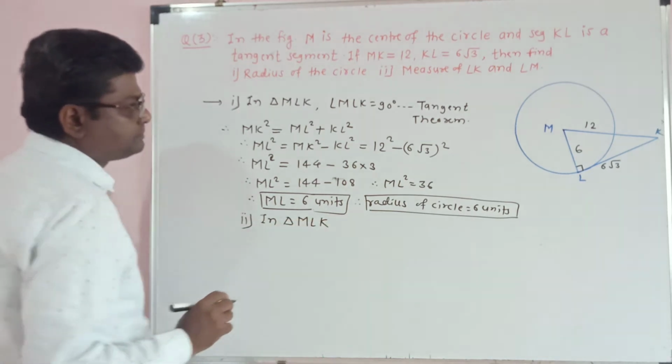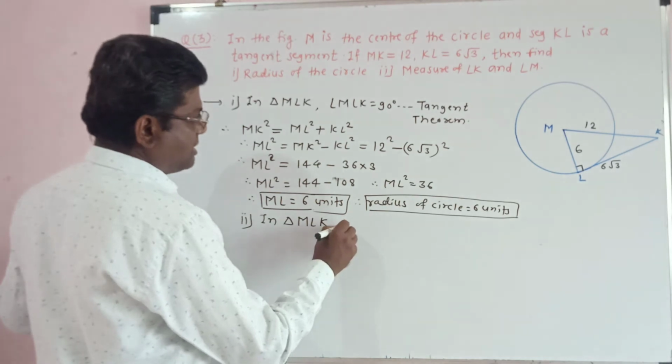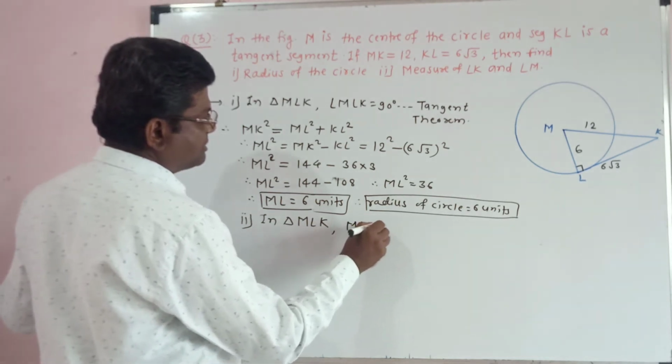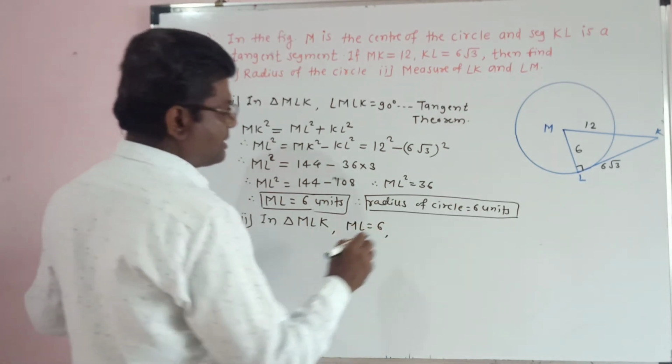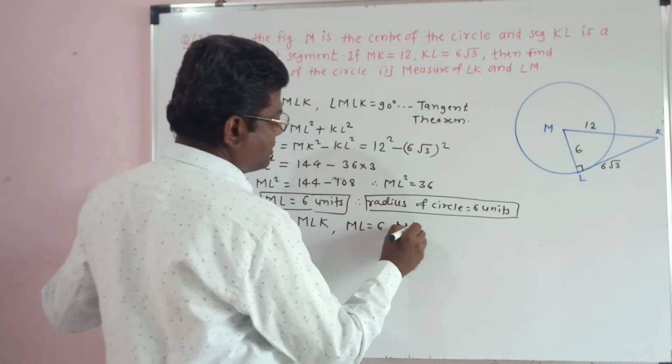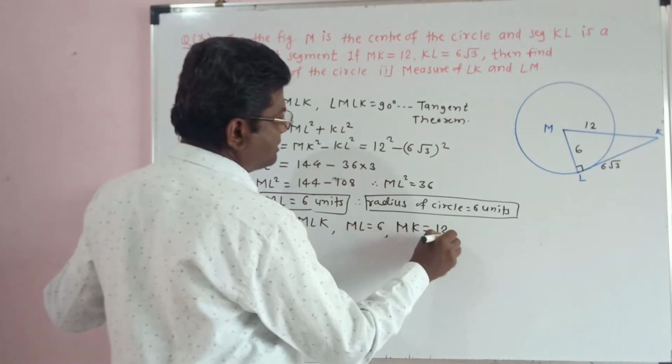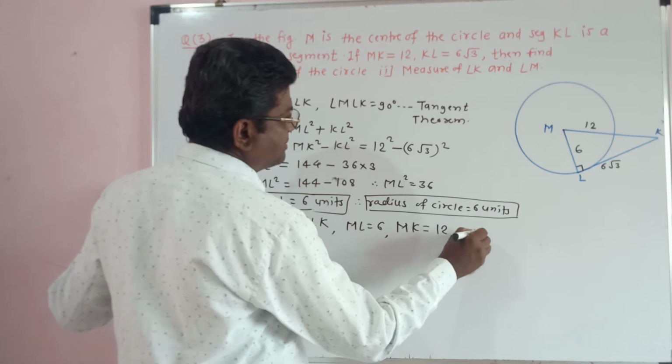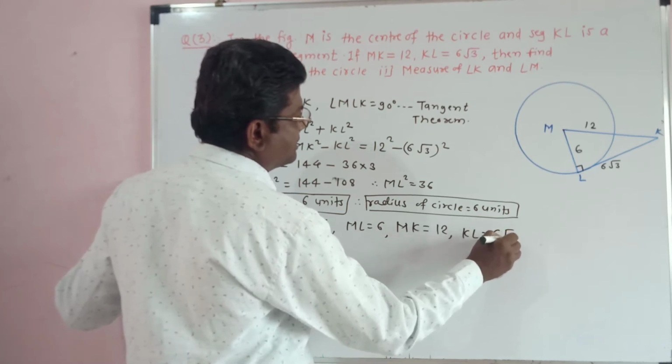MLK, ML is equal to 6, MK is equal to 12, KL is equal to 6 root 3.